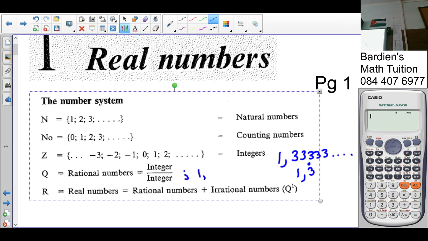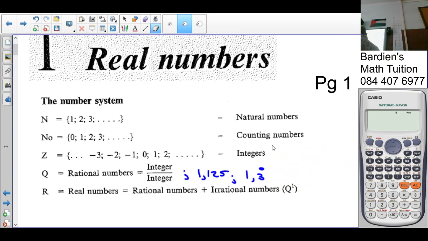It's a terminating decimal. Those are the numbers we spoke about. And recurring numbers. All three of these together form the rational numbers. Now every terminating decimal, like I said, 0.5, can be written as a half.